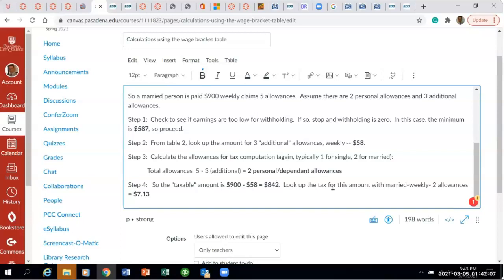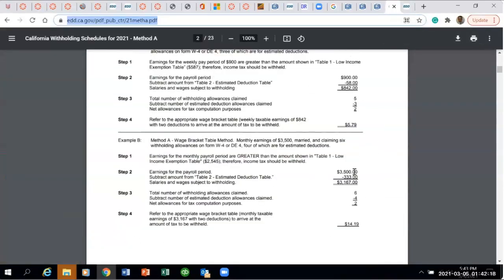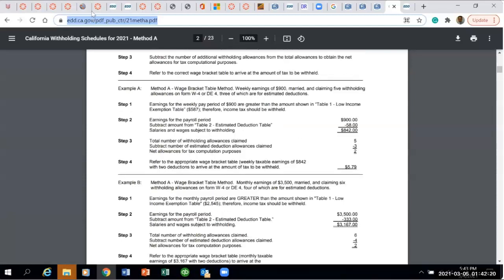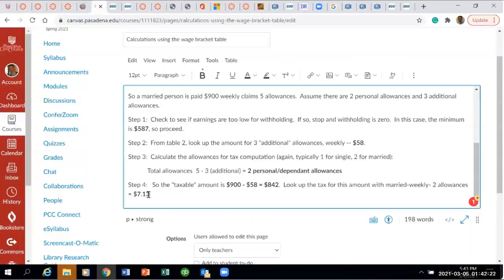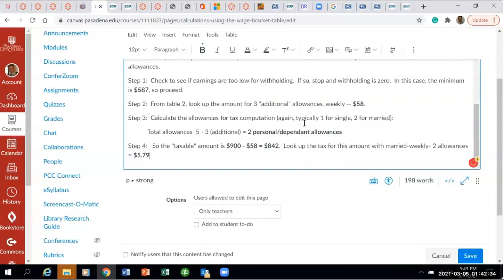Look up the tax for this amount with married weekly 2 allowances. It is not 713. As we just looked at in that example, it's 579. So let's fix that. It's based on 2021, 579. That's it. Save.